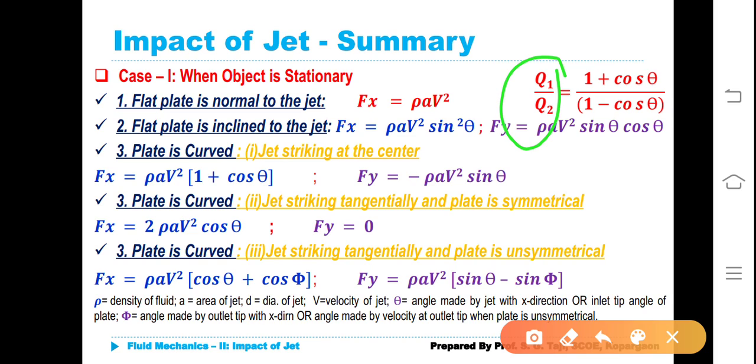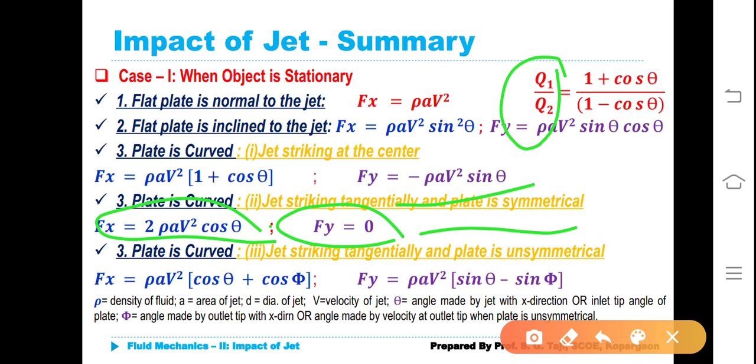When the plate is curved, Fx is equal to rho a v squared multiplied by (1 plus cos theta), whereas Fy is equal to minus rho a v squared sin theta. When the plate is curved but the jet strikes tangentially and the plate is symmetrical, we got Fx equal to 2 rho a v squared cos theta, whereas Fy is equal to 0.